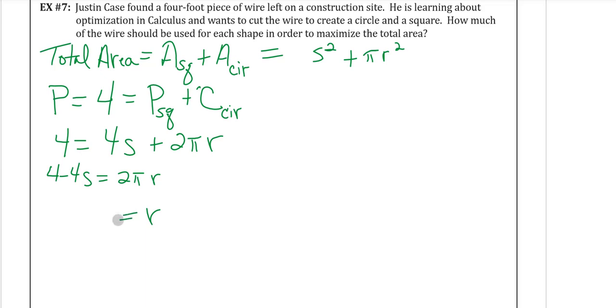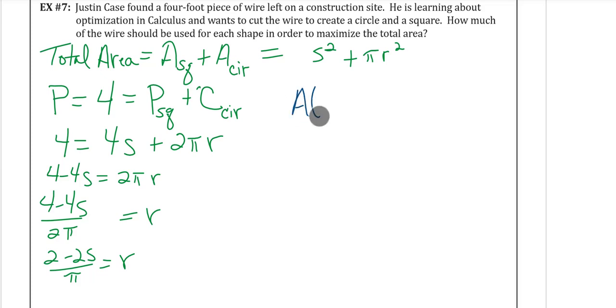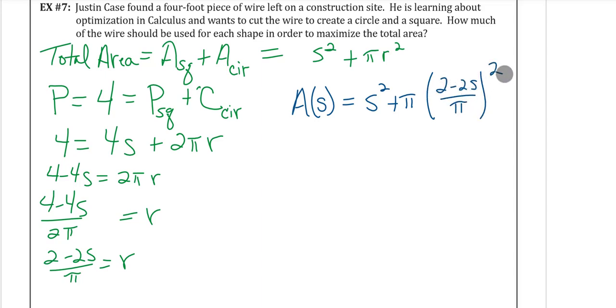So r is going to equal (4 minus 4s) over 2 pi, which is (2 minus 2s) over pi. That's my r. So now I'm going to substitute that in my area equation. So A of s is going to equal s squared plus pi times ((2 minus 2s) over pi) squared.